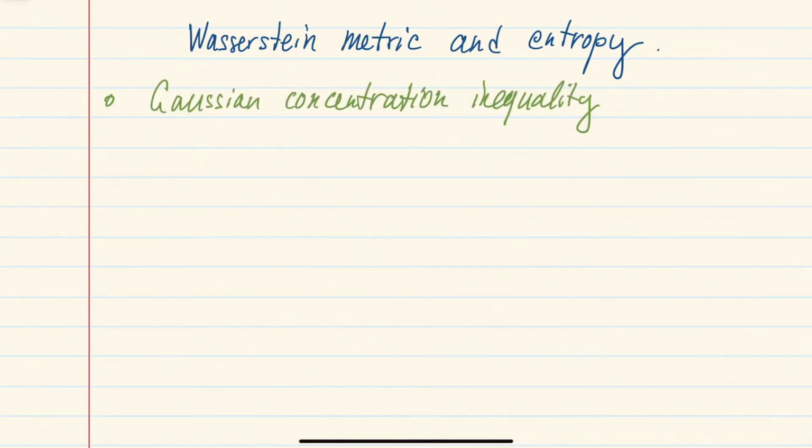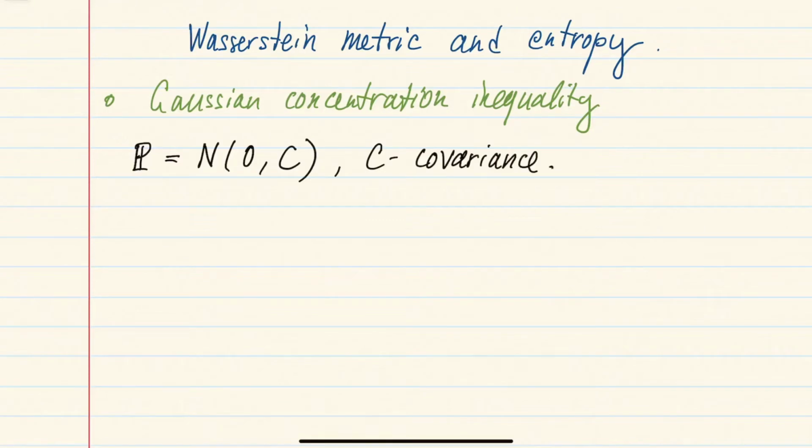Which is the following result: if you have a Gaussian probability measure P, so this is just our usual centered Gaussian distribution with covariance C, and this is a distribution on R^n.